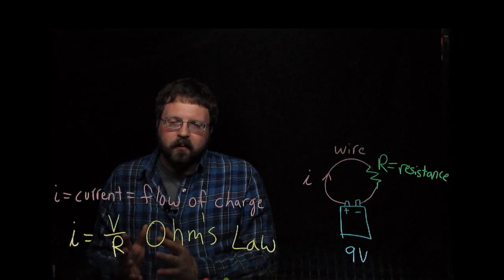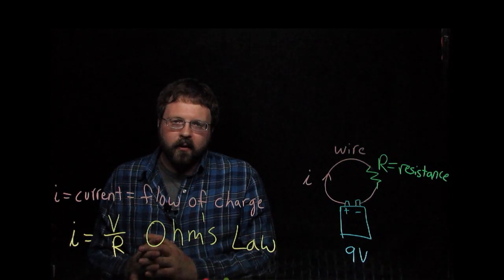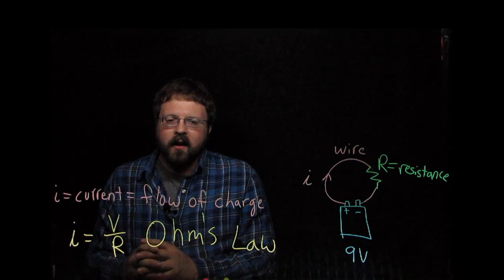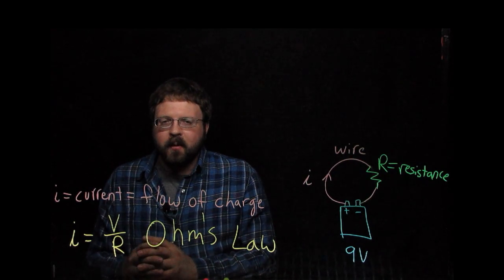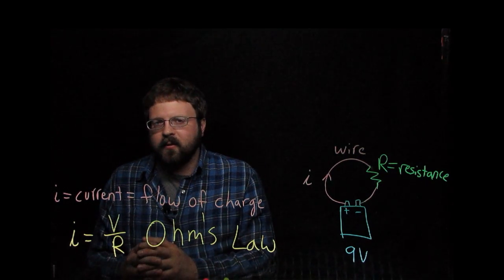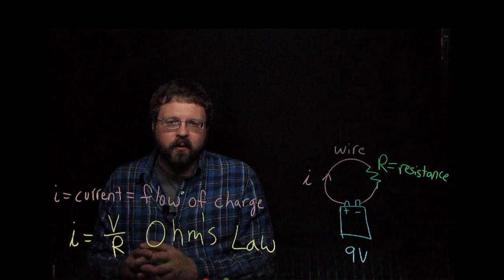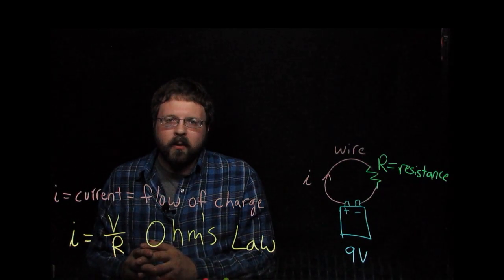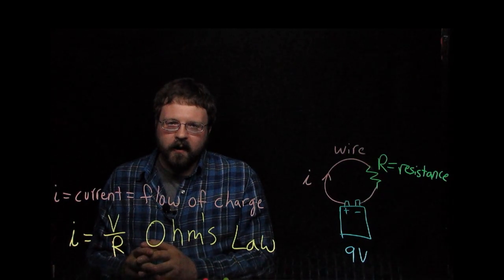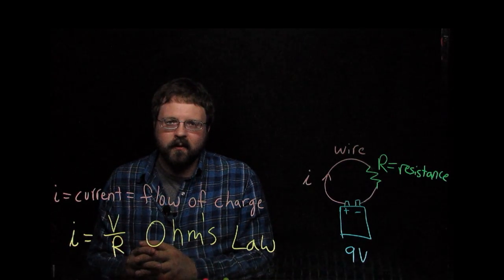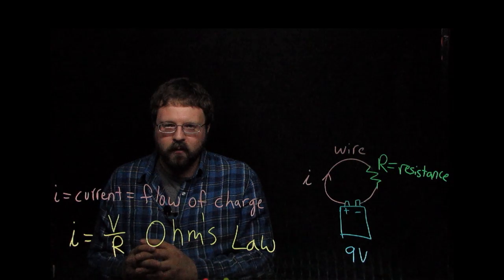So this is all the basics we need to start doing some things with circuits, start building some circuits, and seeing how they work. Just as a refresher, remember all materials are made up of atoms, which consist of protons, neutrons, and electrons. The neutrons are neutral, so we don't really worry about those from a circuit standpoint. The protons are positive, the electrons are negative. Generally, atoms have equal numbers of positive and negative charges, so they're generally neutral.